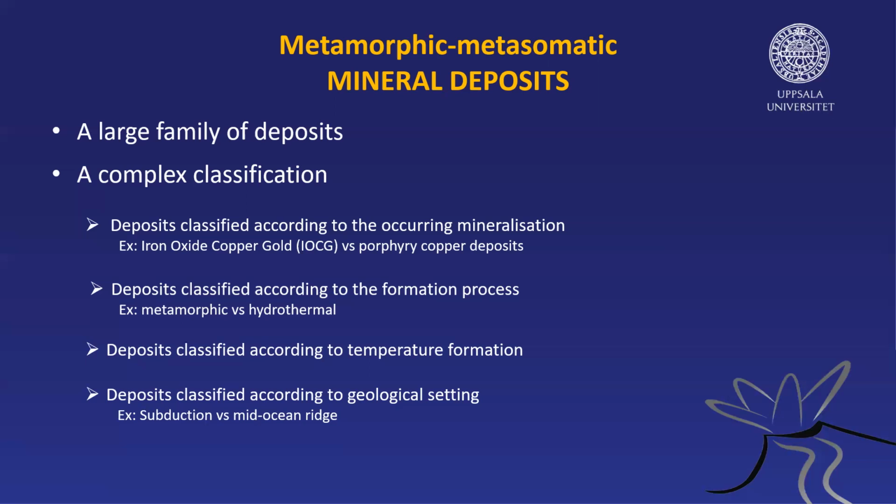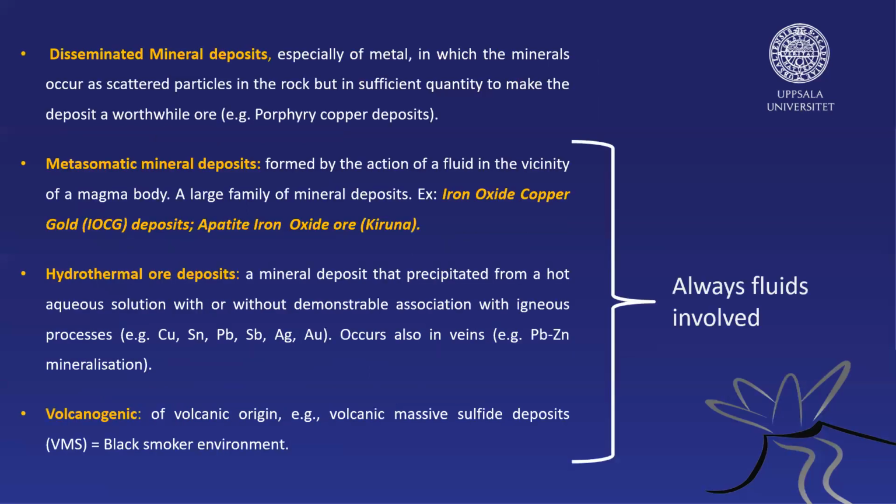We can also classify the deposits according to the temperature of formation. And we can also classify the deposits according to the geological setting, where we can find them in a more or less systematic way: subduction setting versus mid-ocean ridge setting. And we will see that in a moment.